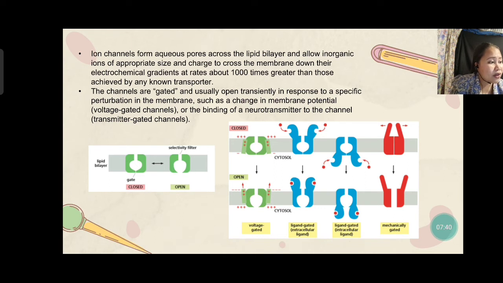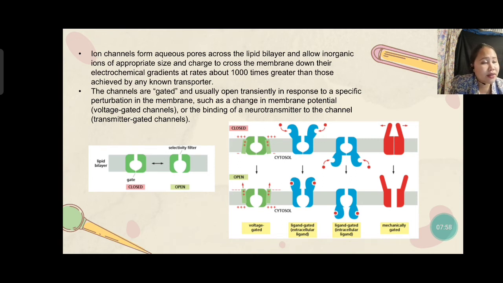The pore narrows to atomic dimension in one region, where the ion selectivity of the channel is largely determined, and another region of the channel forms the gate.